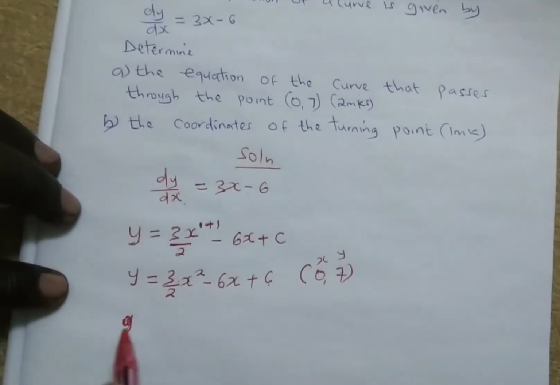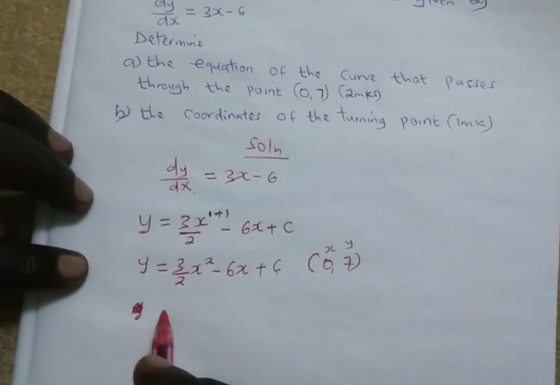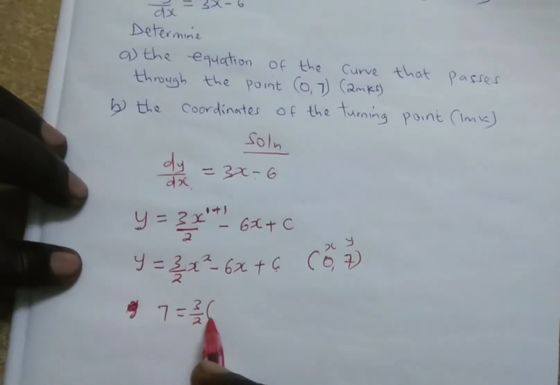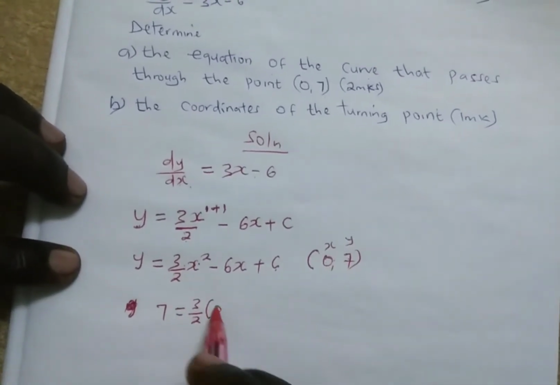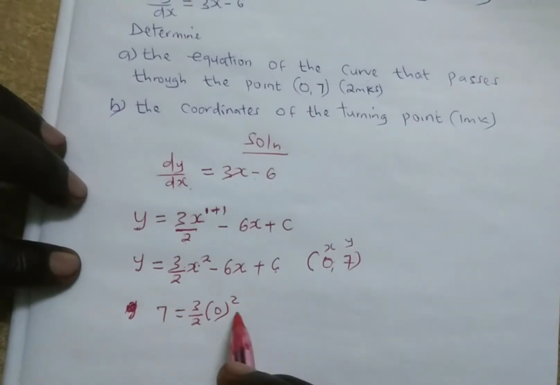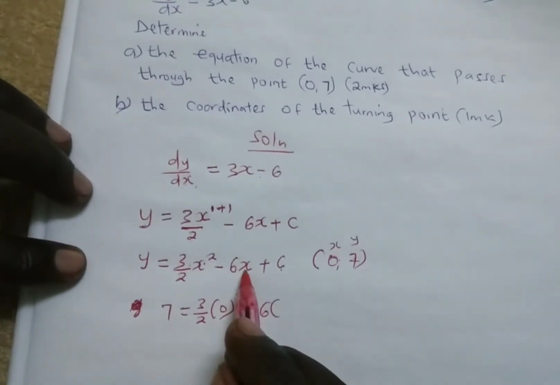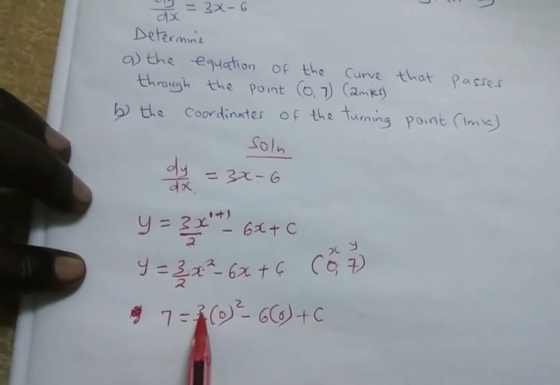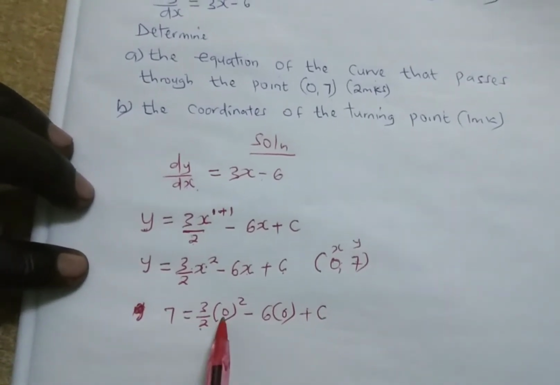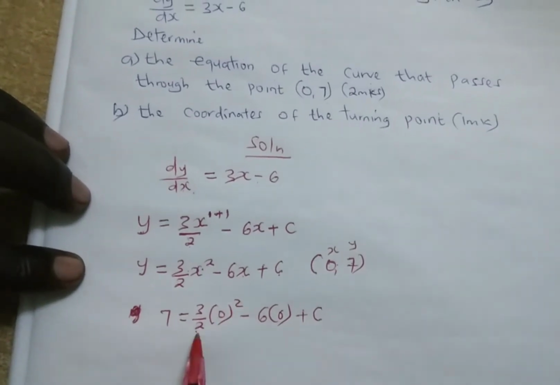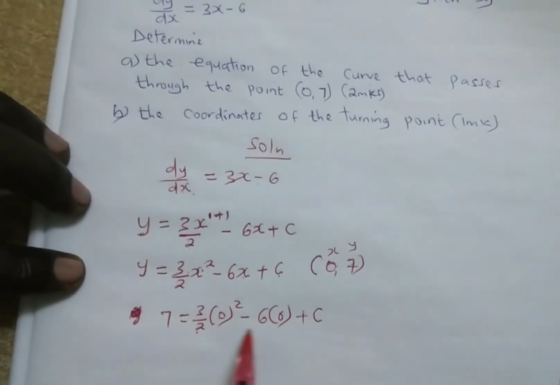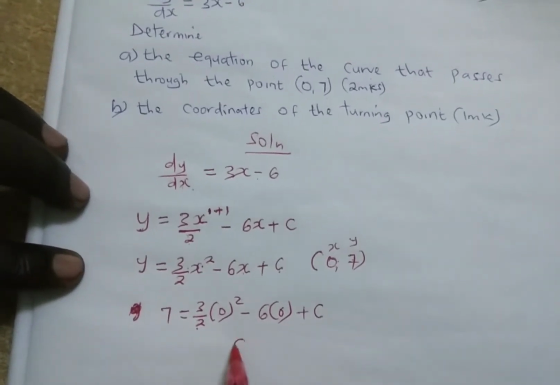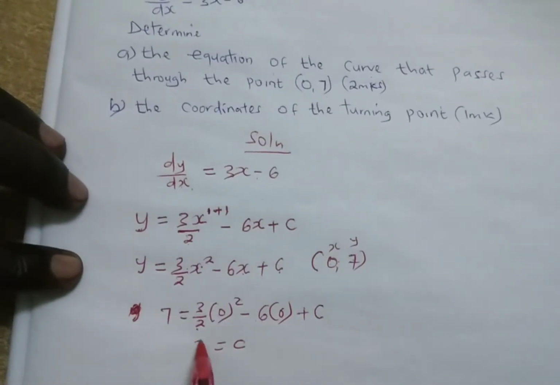So our y is 7, which is going to be equal to 3 over 2 times x, and our x is 0, but the 0 is squared, minus 6 times x, and our x is 0, then of course plus c. 3 over 2 times 0 squared is 0, times 3 over 2 will give us a 0, then 0 times negative 6 will give us a 0, and therefore our c is going to be equal to 7.